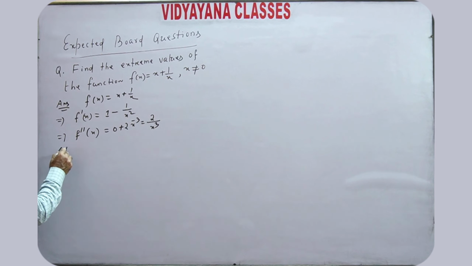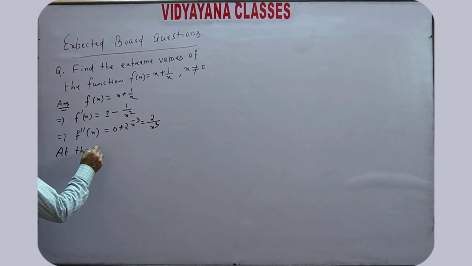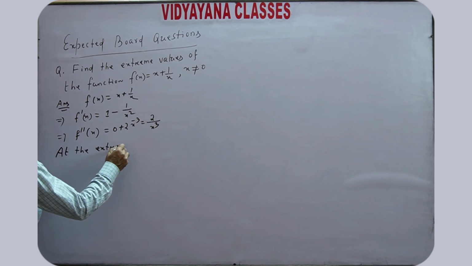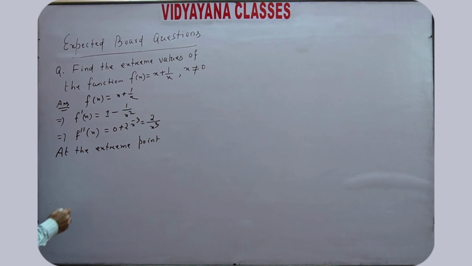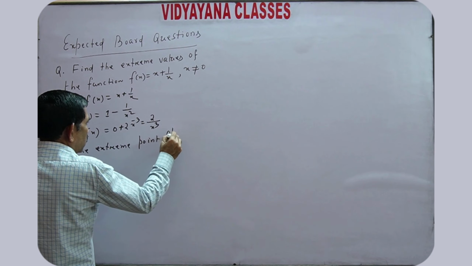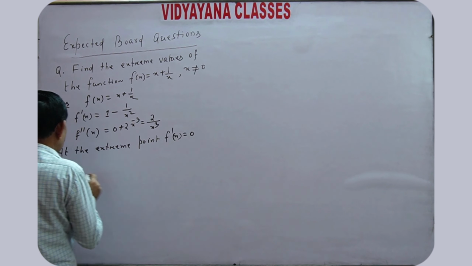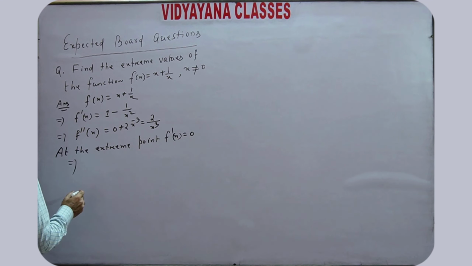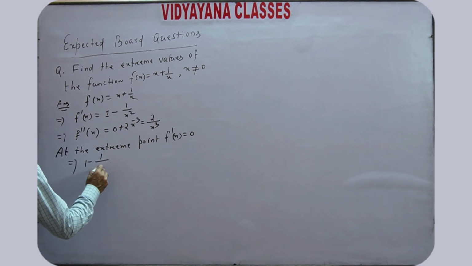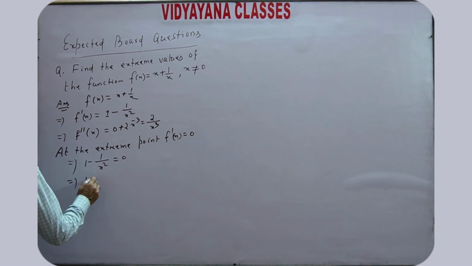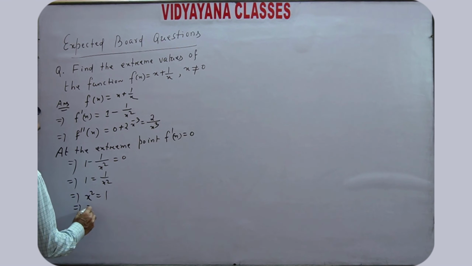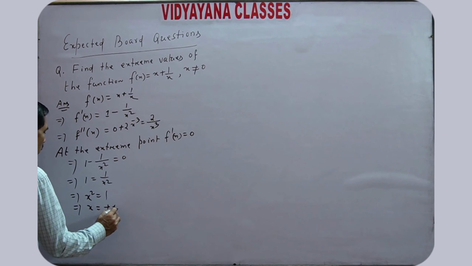Clear? Okay. At the extreme point f dash x is equal to 0, which implies 1 minus 1 divided by x square is equal to 0. 1 is equal to 1 by x square, which implies x square is equal to 1, implies x equal to plus minus 1.